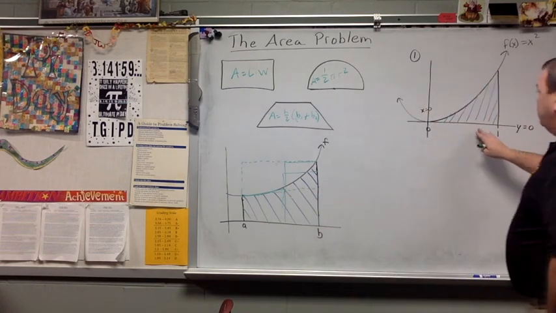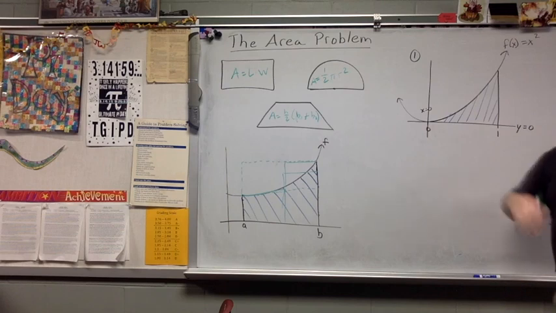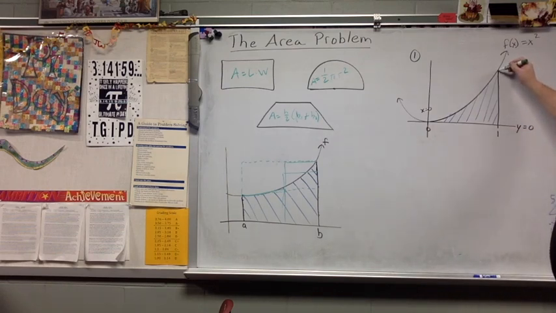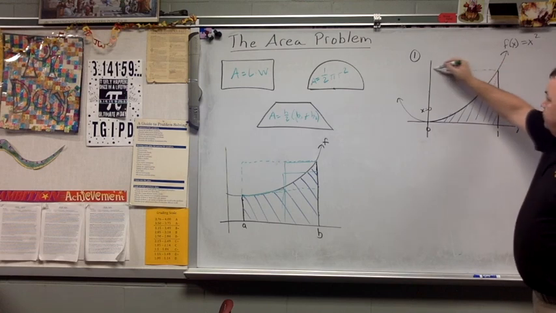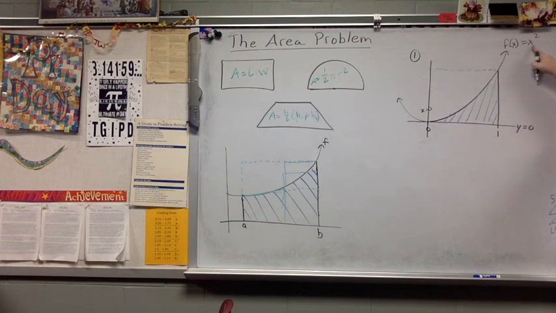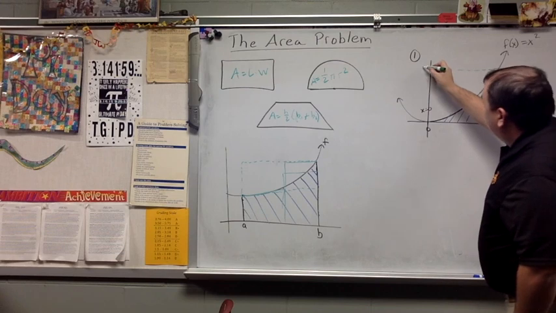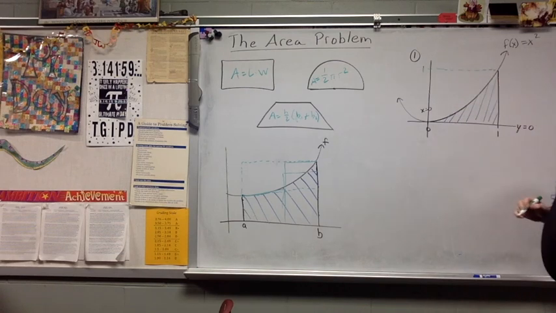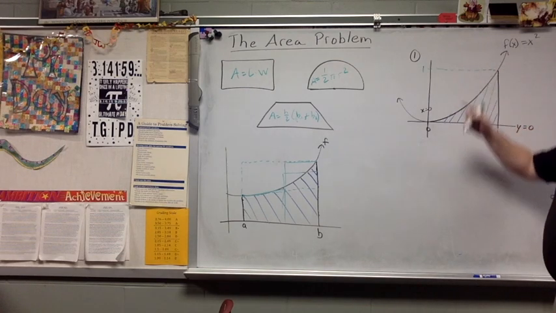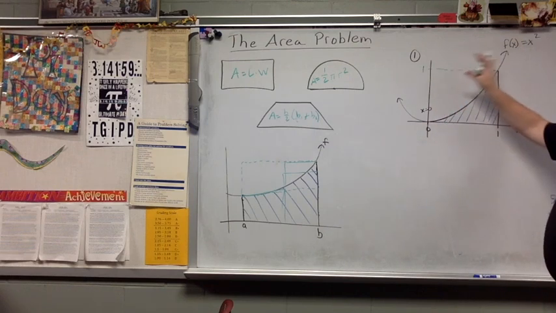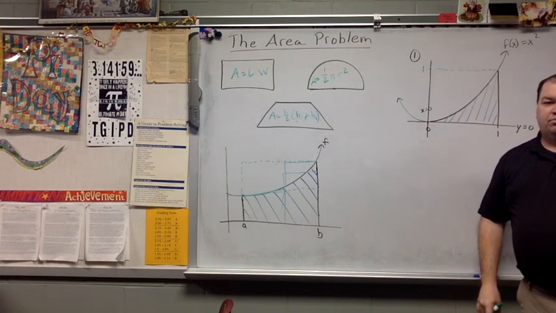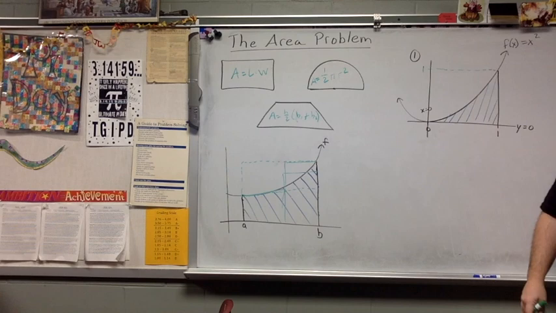But here's a function you're used to. And I want to look at those two extreme cases. What if I would go right out here to 1? So when I plug a 1 into my function, x squared is 1, so the y value is 1. So this is 1 by 1. When I multiply that, this whole thing is 1 square unit.